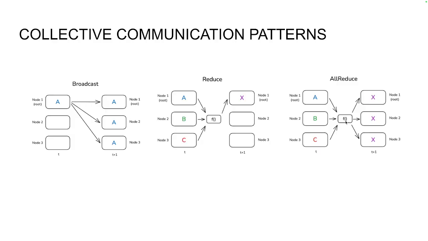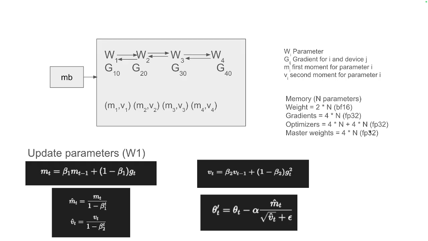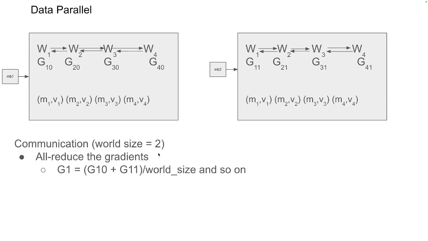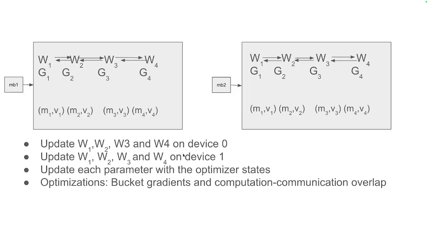Now you need to take the sum of those gradients, average them based on your world size, and then broadcast them to each of the ranks. So we will use an all reduce pattern here for gradients. Your G10 and G11 will get added, and it's like double the gradients, so we divide by world size to take the average, and then we do an all reduce.